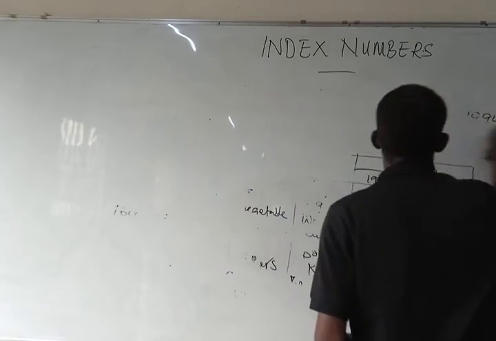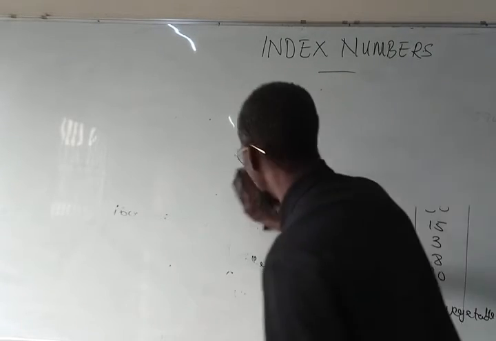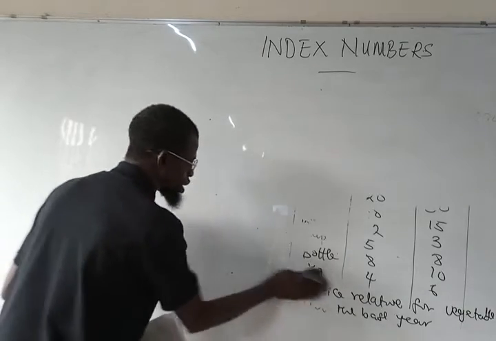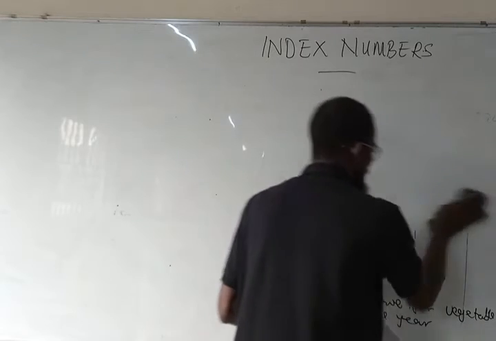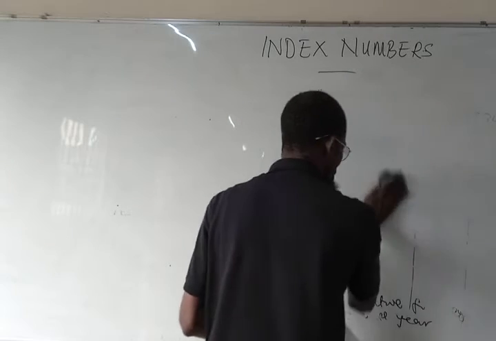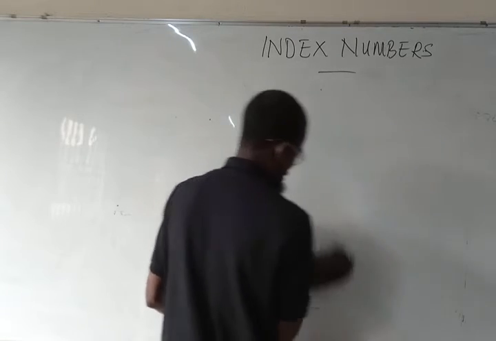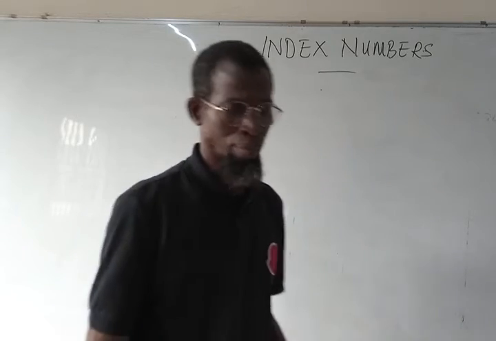That's why you see me putting PR is equal to Pn, that is the current year, the ratio of the current year and that of the what? Base year, P0, then multiplied by 100 over 1. Remember, it is always expressed in percentage.